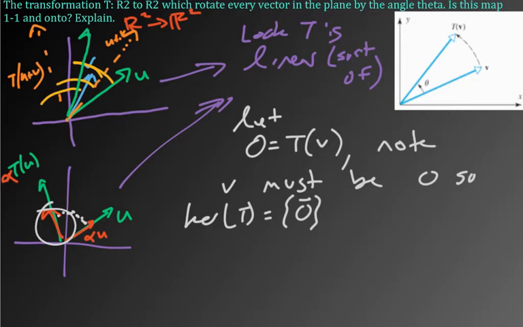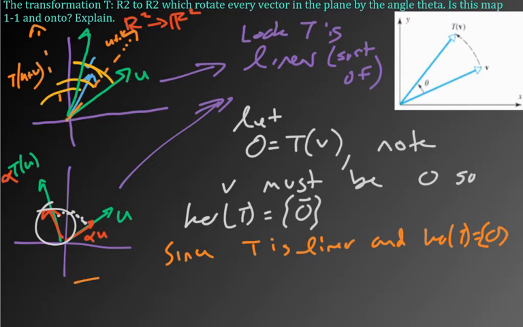And so then I can use this really important theorem from this course that says, since T is linear and the kernel of T equals the 0 vector, this implies T is one-to-one.